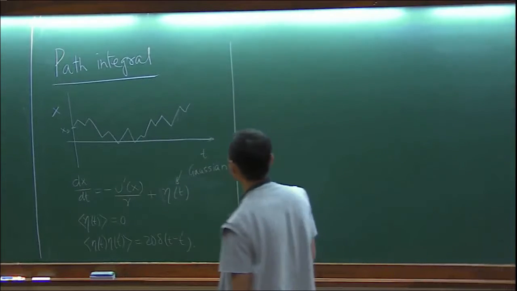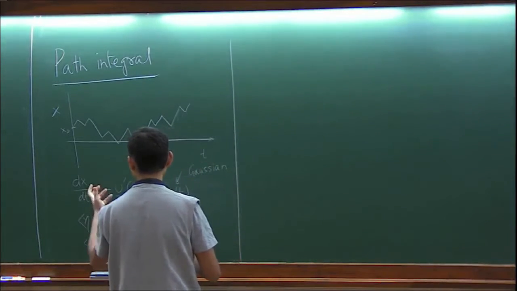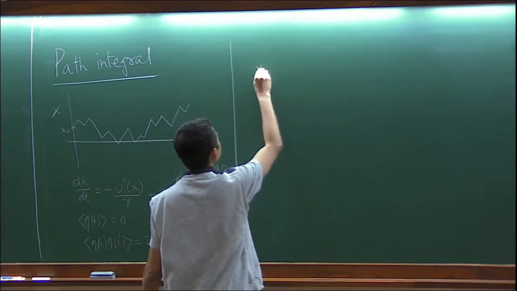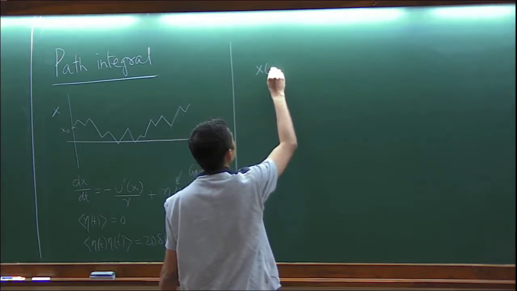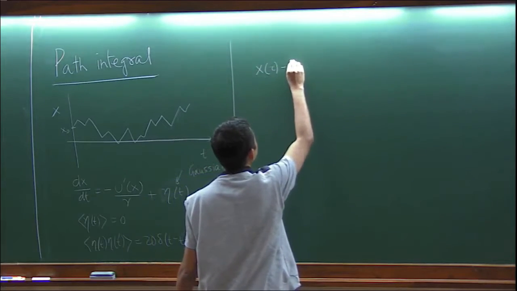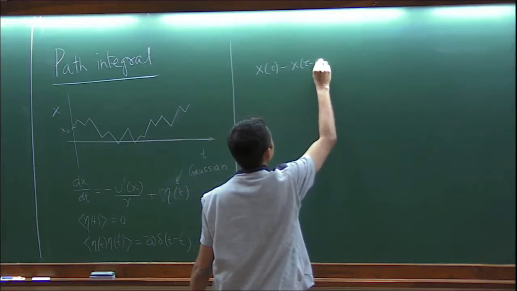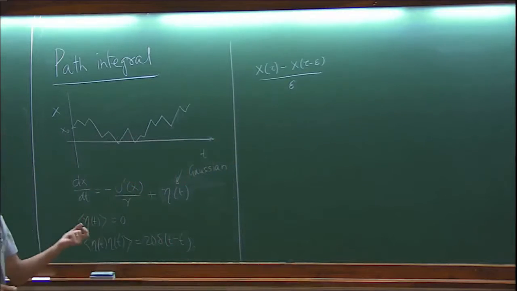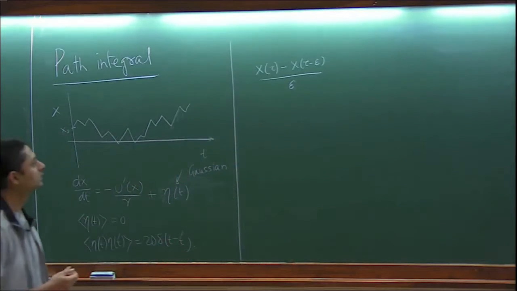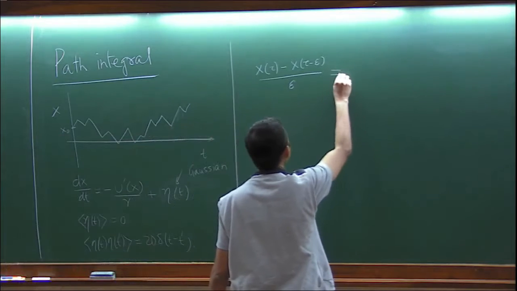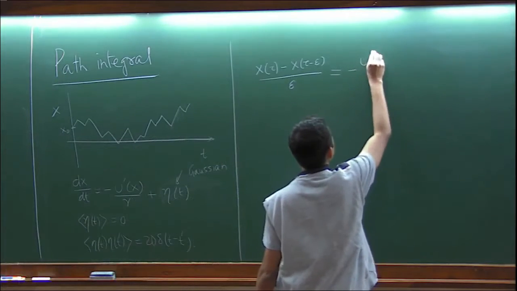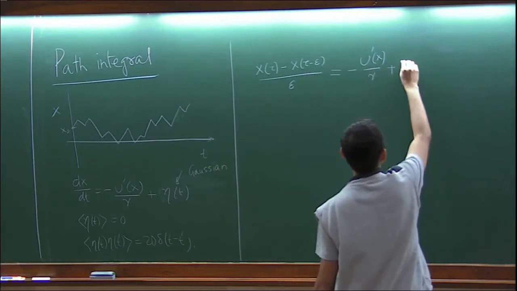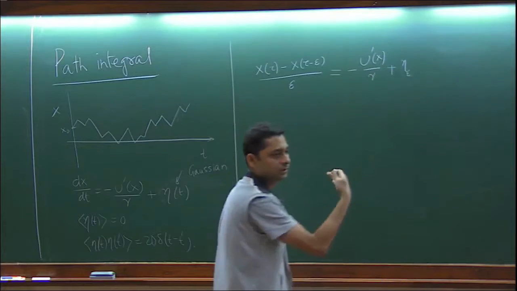It says: x at tau minus x at tau minus epsilon, divided by epsilon, where epsilon is my delta t, equals minus the force term with gamma, plus noise in this discrete version.